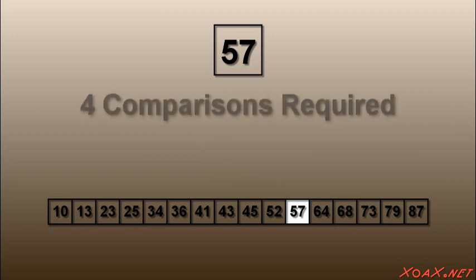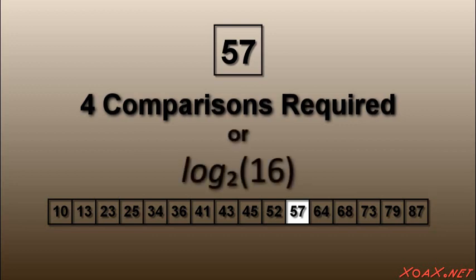As we see, we needed 4 comparisons to get down to one element. Each comparison can be either true or false and allows us to eliminate half of the entries in our search. So the number of required comparisons for the search algorithm is log base 2 of the size of the array.